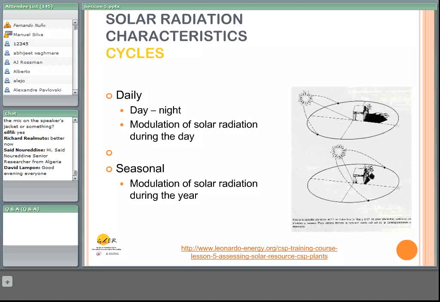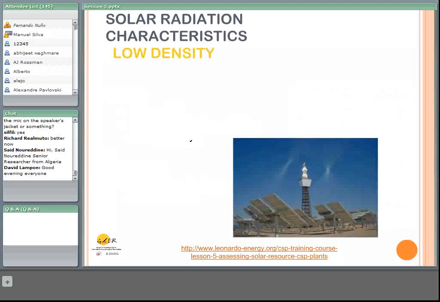The seasonal dependence is clear to all of us. Normally we have more irradiation, more insolation, during summer months in the northern hemisphere and less during the winter months, also connected to the duration of daylight. We have to take these factors into account.